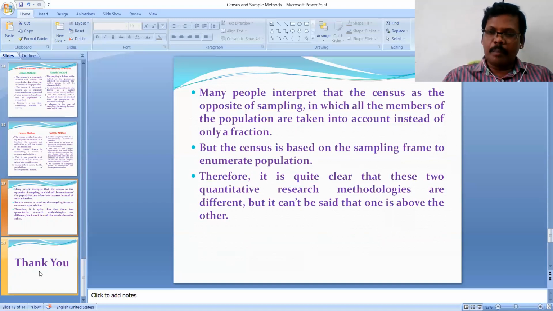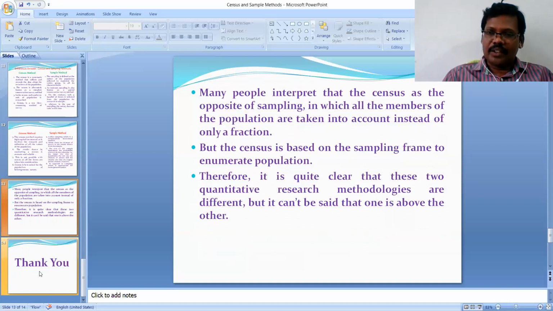But here the point is why most people go for the sampling method. The researcher has limited time, so with that limited time he cannot spend more time taking information from all the people. Another problem is that the researcher or investigator has limited resources and is not able to spend much money to gather information from all the respondents.